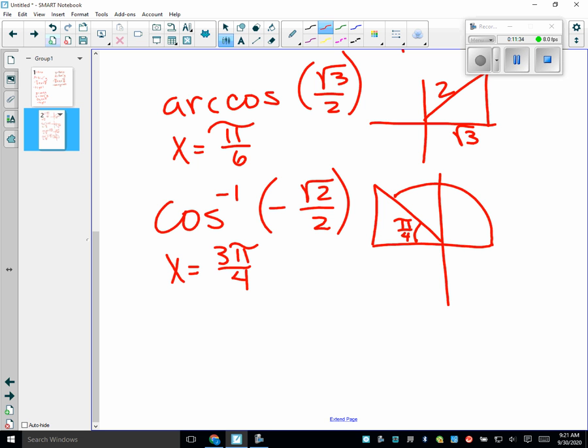But didn't we say at the beginning cosine had to be between 0 and pi? Ah, okay. These are technicalities. See, we restricted where our answer had to be. Okay?